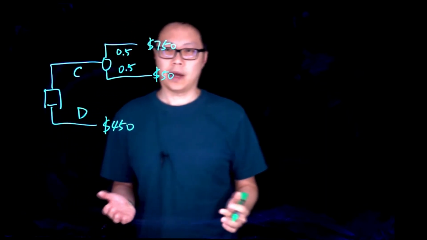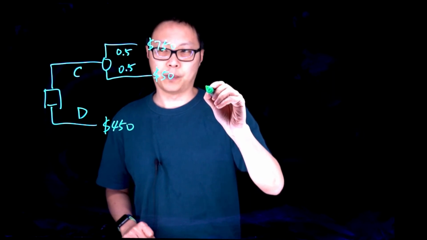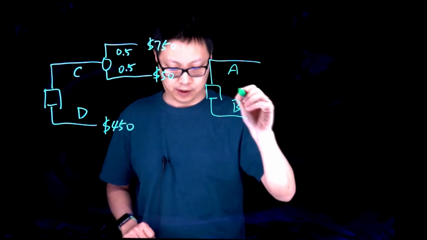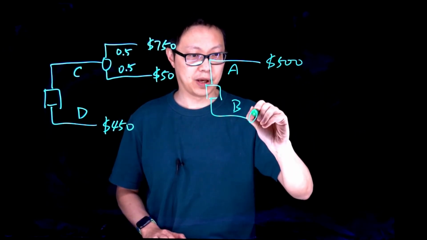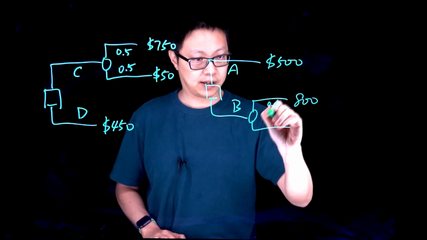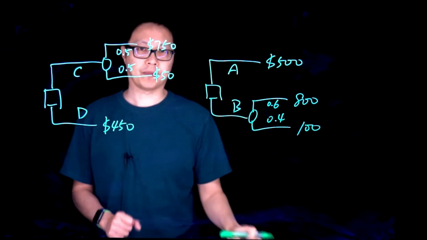Okay, and also we know that the decision maker will be indifferent between A and B, where A will be $500 and B will be 800 with 0.6 or 100 with 0.4.